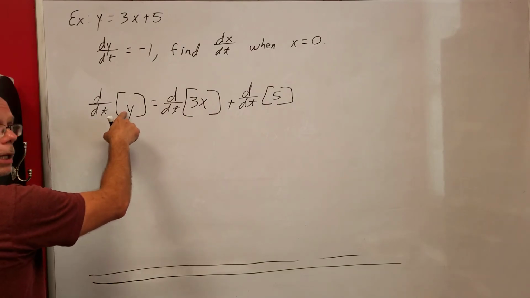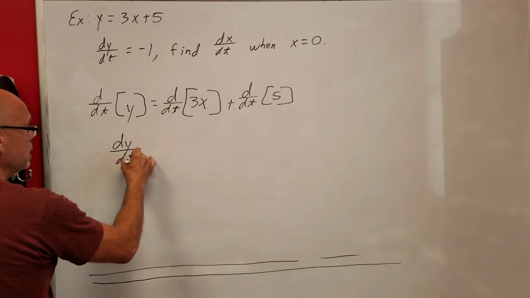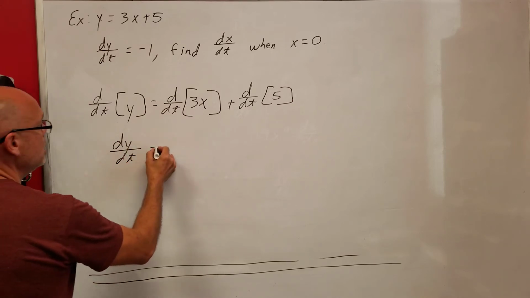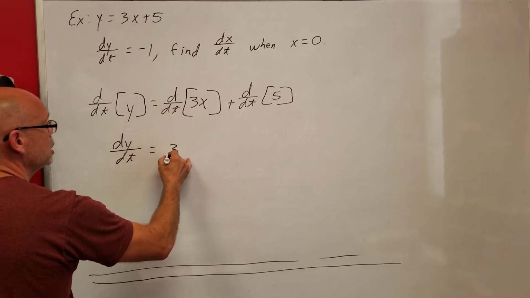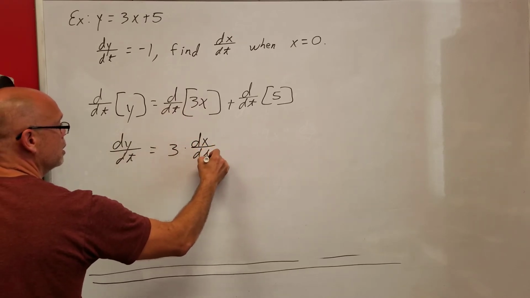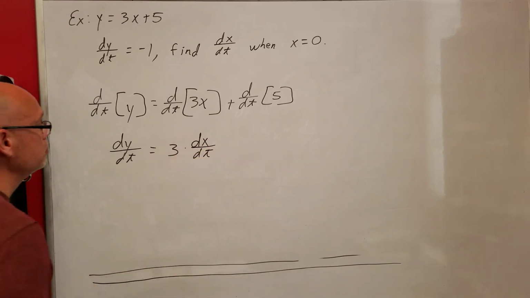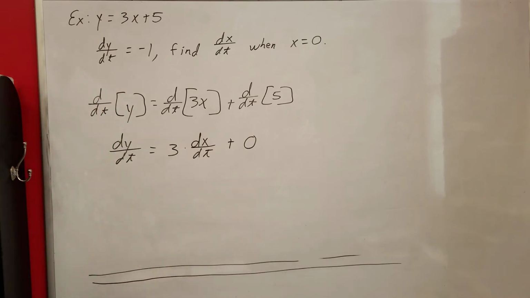All right, now how do I write this? I just write this as dy over dt. It's equal to, how do I take the derivative of this? This 3 times dx over dt, right? And plus 0 right there, because the derivative of a constant is 0.